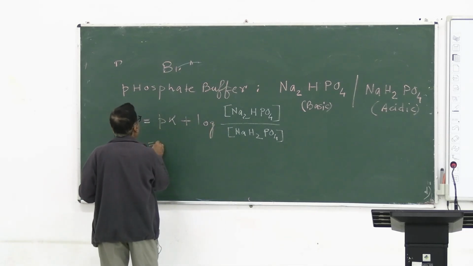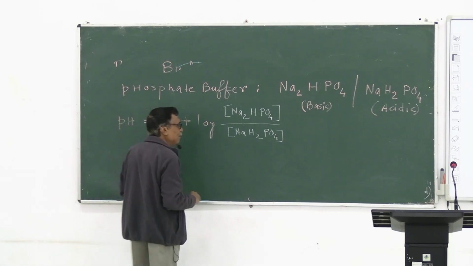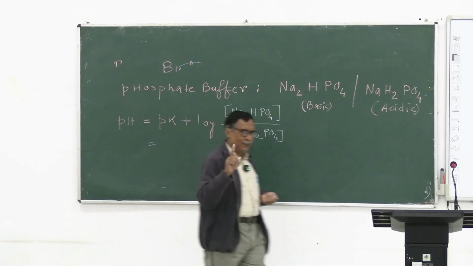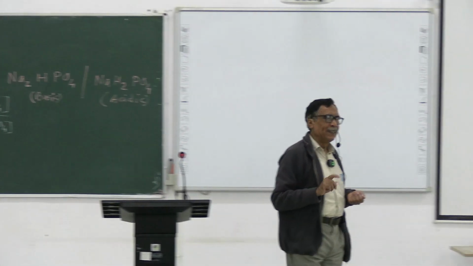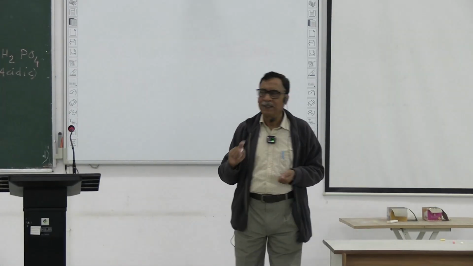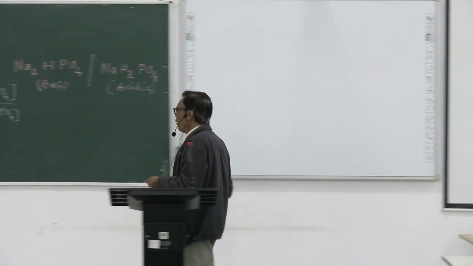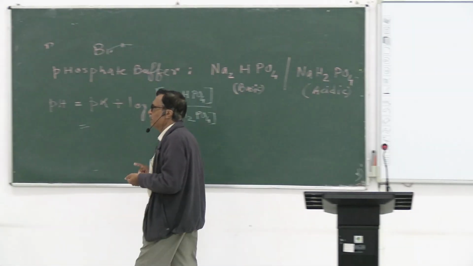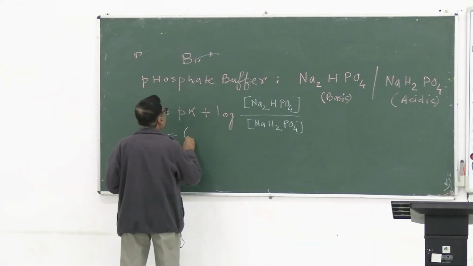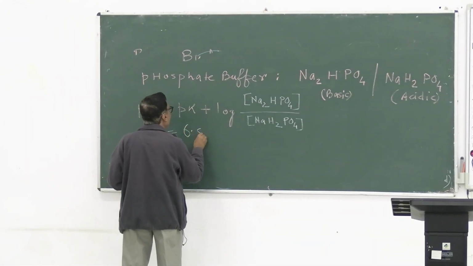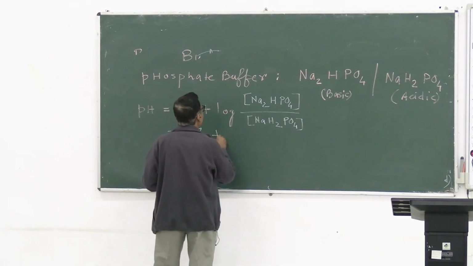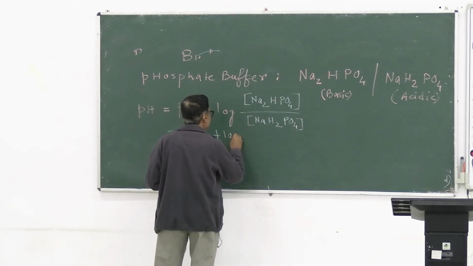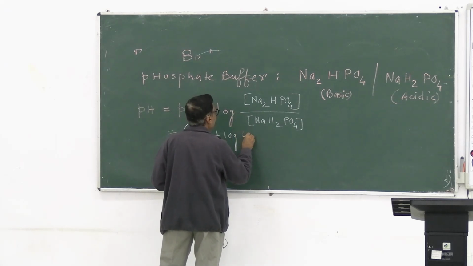In this case, pK is constant, not 6.1, it is 6.8. It depends upon the buffer. pK is constant and depends on the buffer. Here it is 6.8. In case of the bicarbonate buffer, it is 6.1. Here the ratio is not 20, but 4.